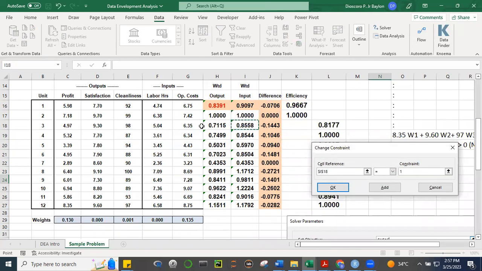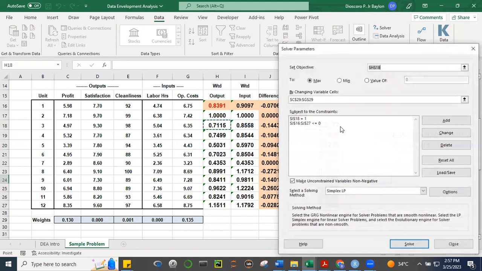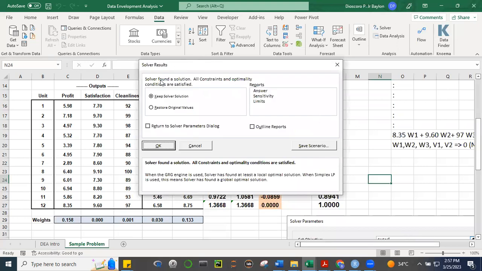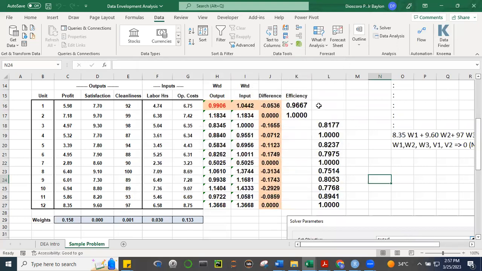We're now doing the DEA for unit number 3. Okay, and then same thing, same pa rin yung difference, less than or equal to 0. Solve. Okay, solver found the solution. Therefore, the efficiency of unit number 3 is 0.8345.